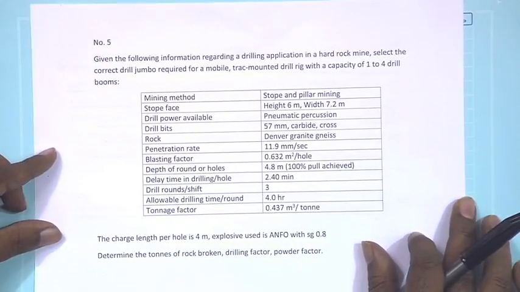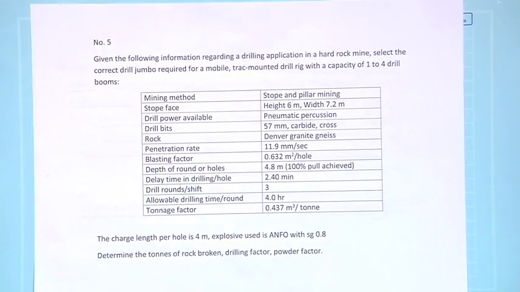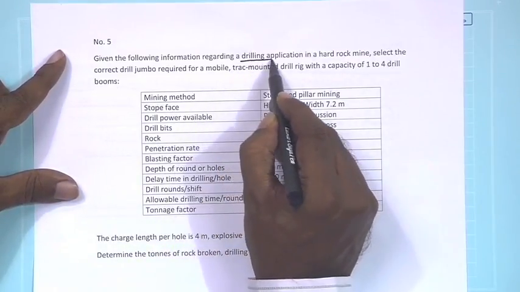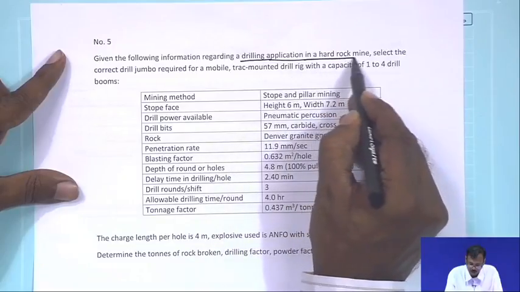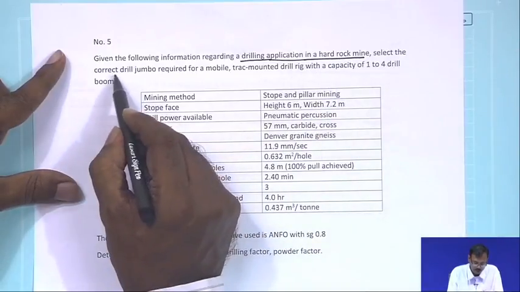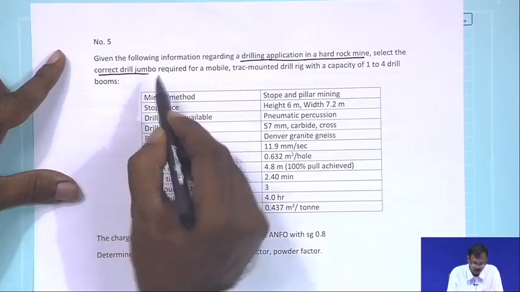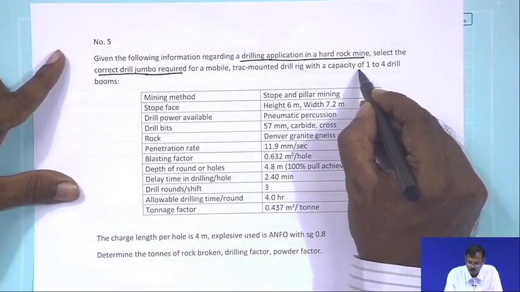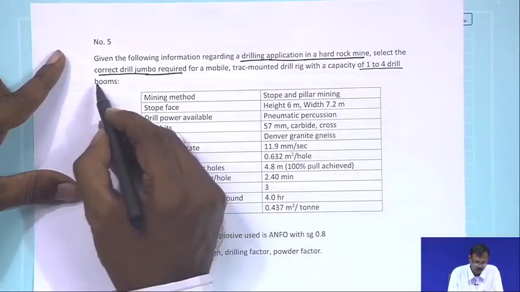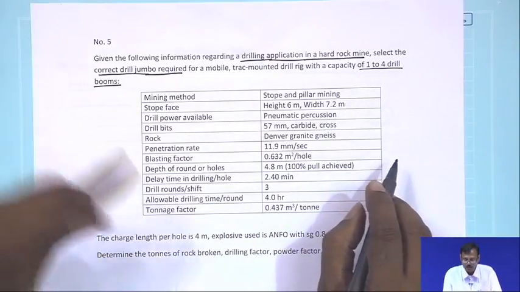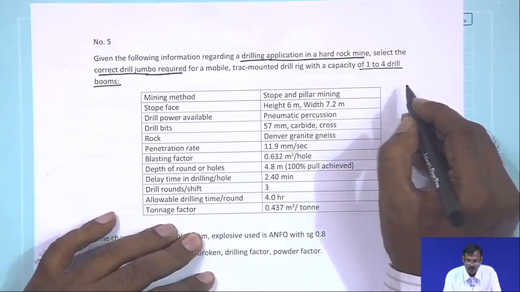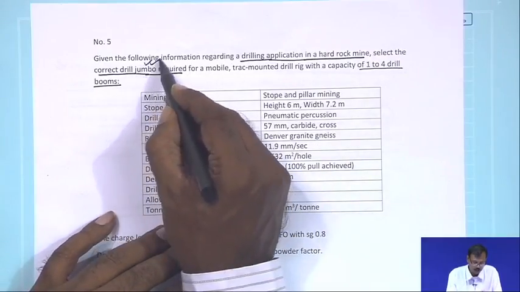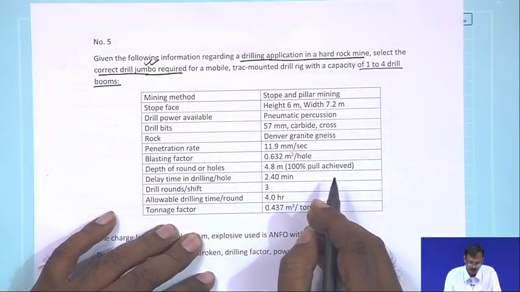So, let us see, the problem given here is about the drilling and blasting application for a hard rock mine, and we need to select a jumbo drill which may have 1 to 4 drill booms. So, how many booms are required in that particular jumbo drill, we need to calculate.